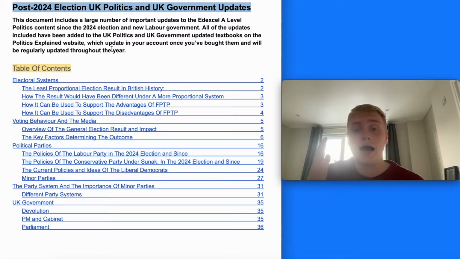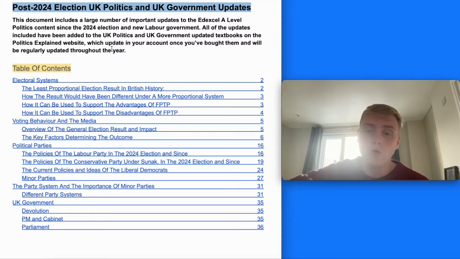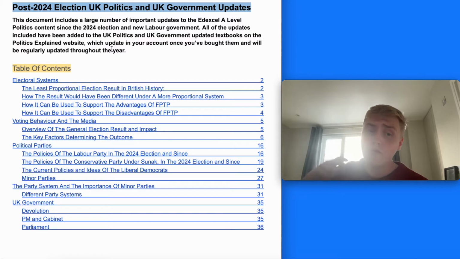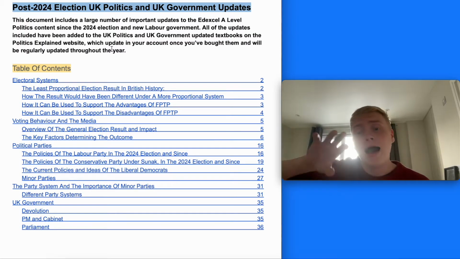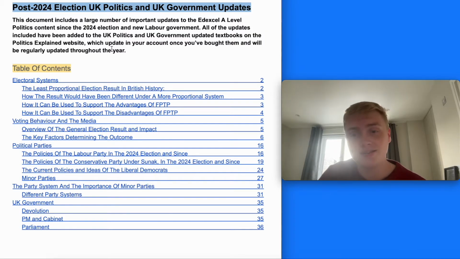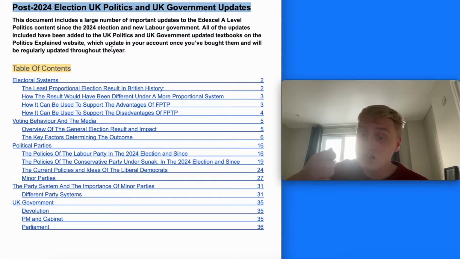We're then going to look at political parties, first by looking at party policy that was shown in the manifestos of Labour, the Conservatives, the Lib Dems, the SNP and Reform, as well as the Greens, in the 2024 election, before crucially looking at the party system: whether there's a two-party system, a one-party dominant system, or whether there is now a multi-party system in the wake of the 2024 election, and the importance of minor parties within that system.